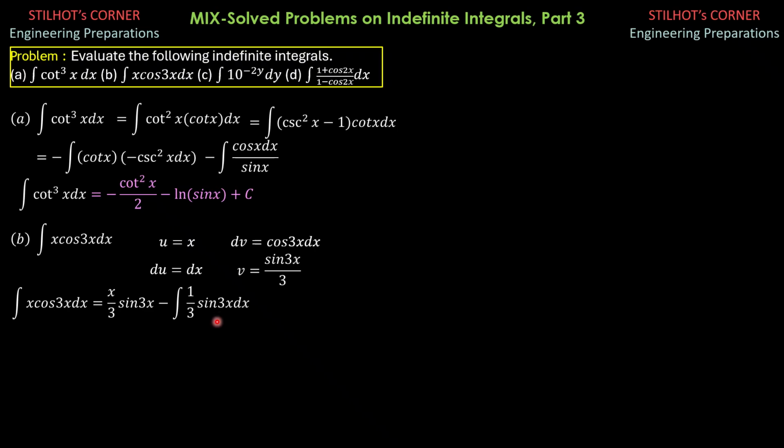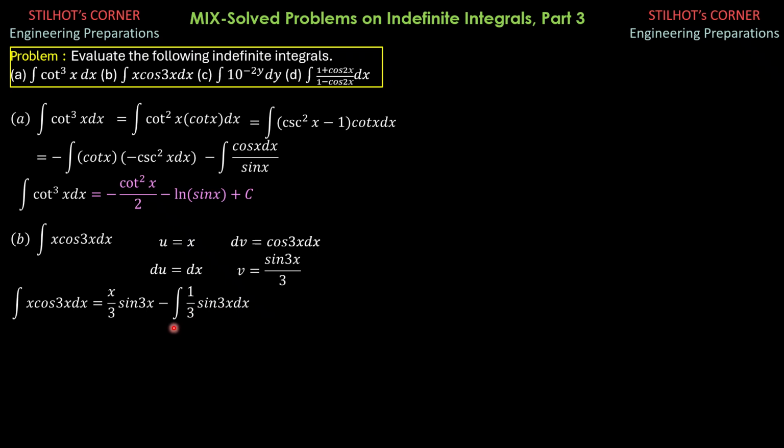So in this 1/3 integral of sine 3x dx, there is a direct formula for the integral of sine, and that is negative cosine. So this is negative 1/3 integral of sine 3x times negative 3 dx. And therefore, that is 1 over 9, 1/3 times 1/3.